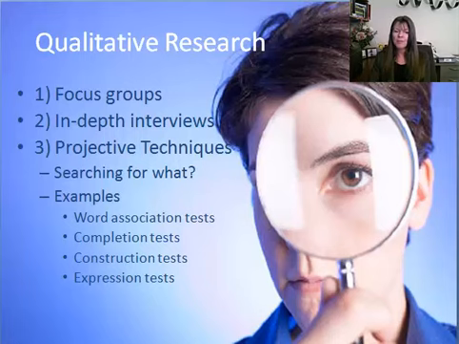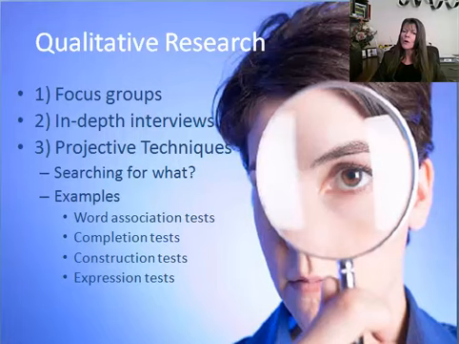And then expressive tests. The consumer is asked to role play typical others' opinions and or interactions with a product, for example. So let me think of a good example of a projective technique.